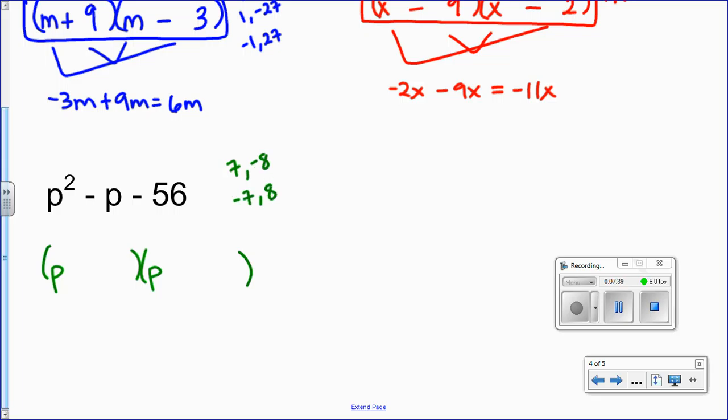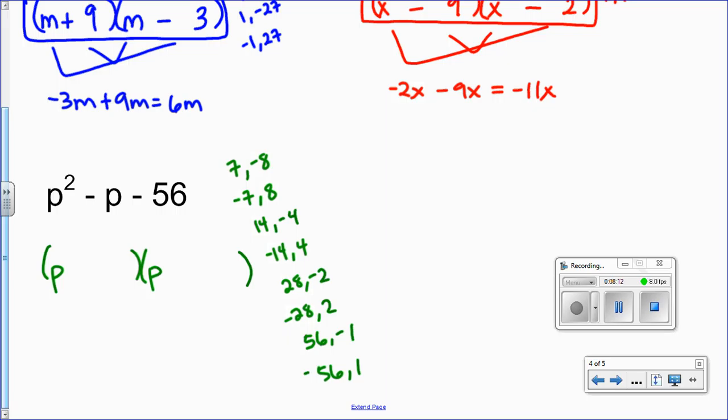Negative 7 and 8. 14 and negative 4. Negative 14 and 4. 28 and negative 2. And negative 28 and 2. And 56, negative 1. Negative 56 and 1.